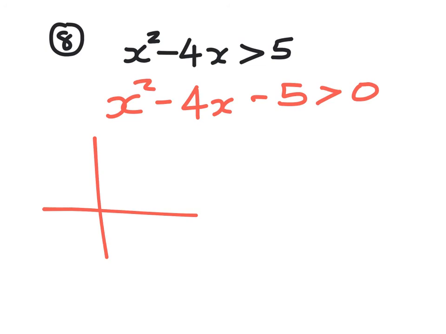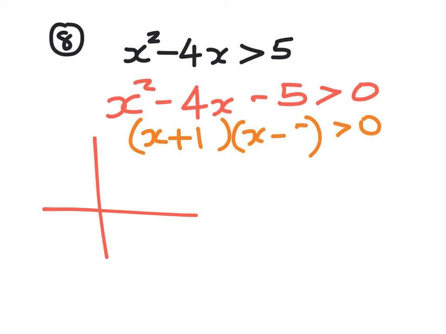If we factorise the expression here to be (x plus 1)(x minus 5), that's what you get when you factorise it, then that's going to tell you that these points are the roots. So this root is negative 1, this root is positive 5.